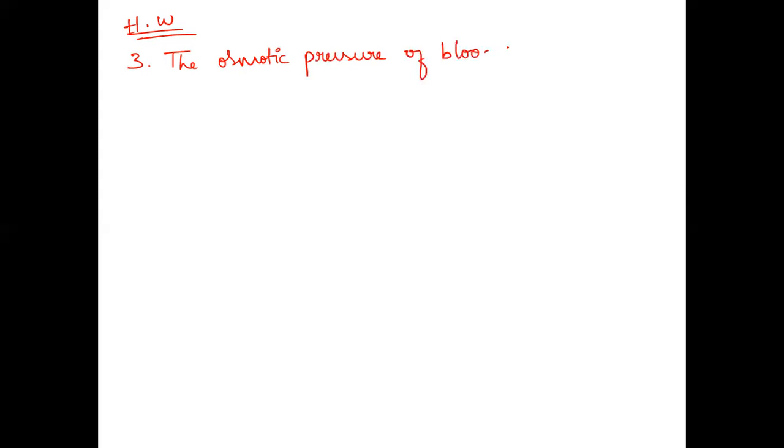The osmotic pressure of blood is 7.65 atmospheric at 37 degrees Celsius.